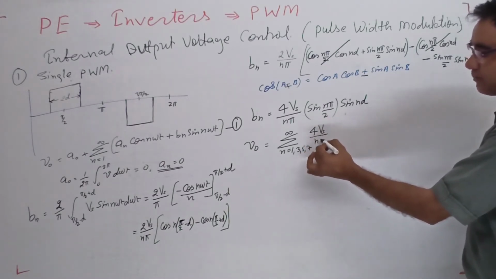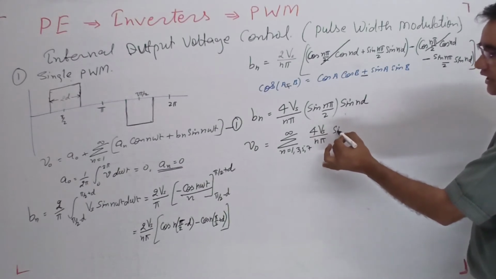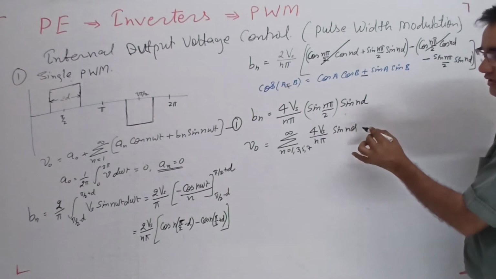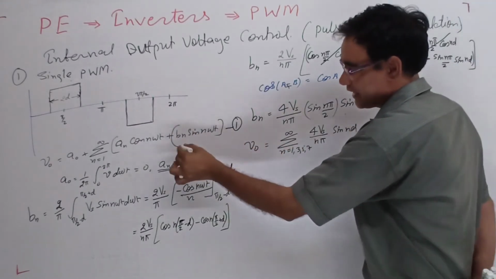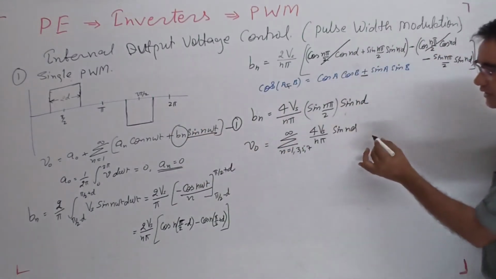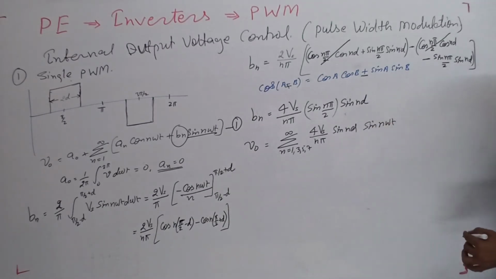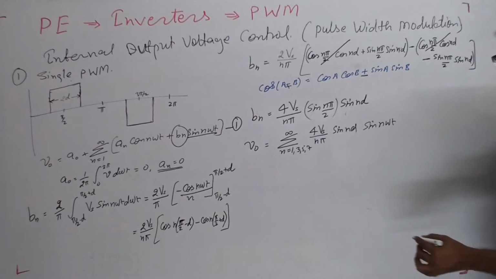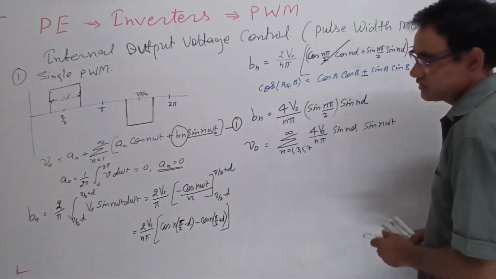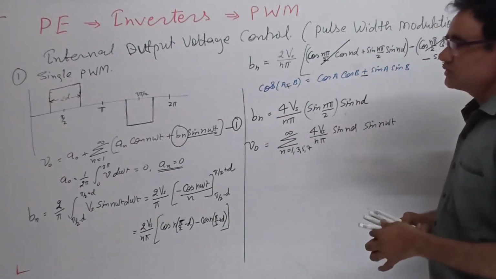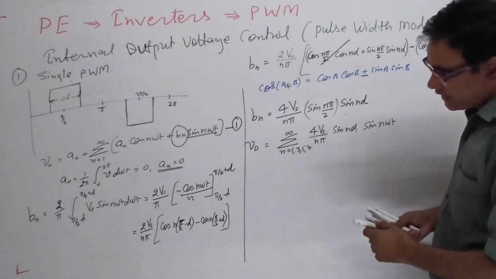So Bn is 4Vs upon n pi sin of n d, with sin of n omega t. So this is the output voltage, which can be written down.